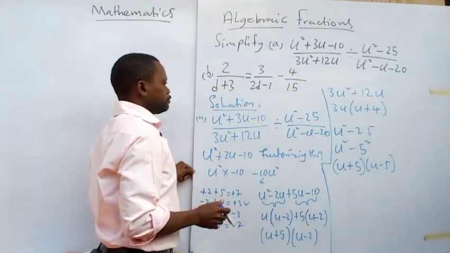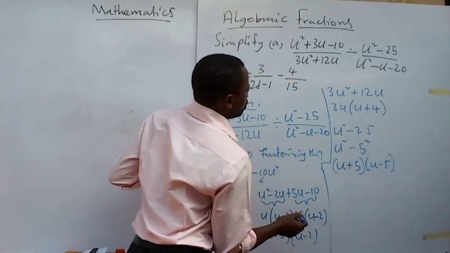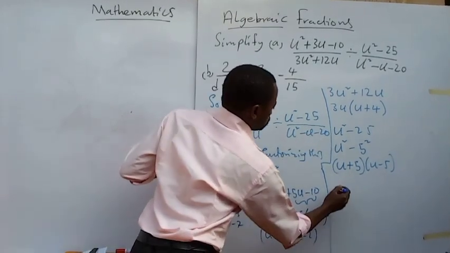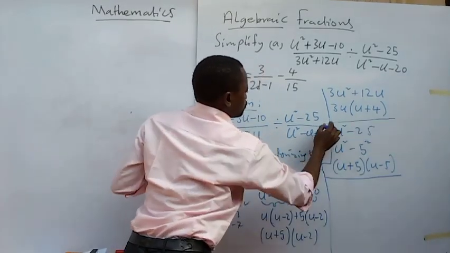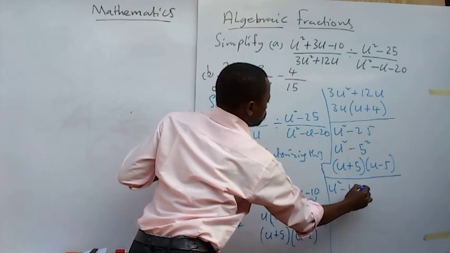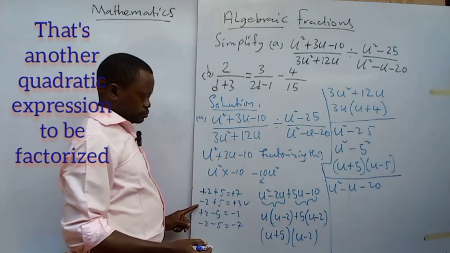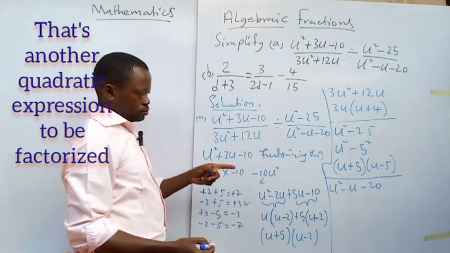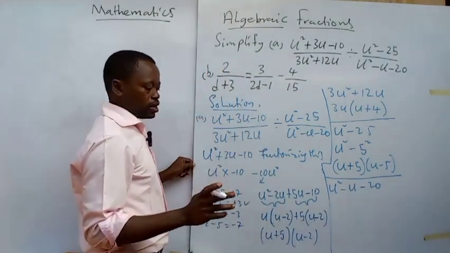What again do we have? We look at u squared minus u minus 20. You remember the procedure I used here in checking for two factors, because if you multiply these, it will give you minus 20u squared.